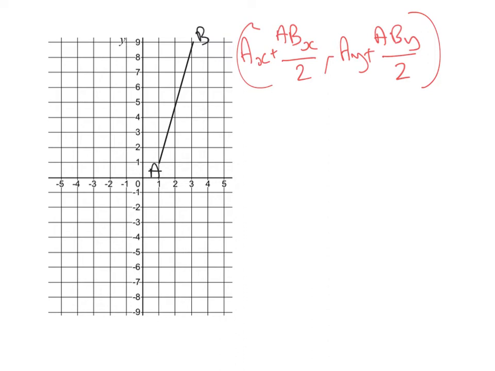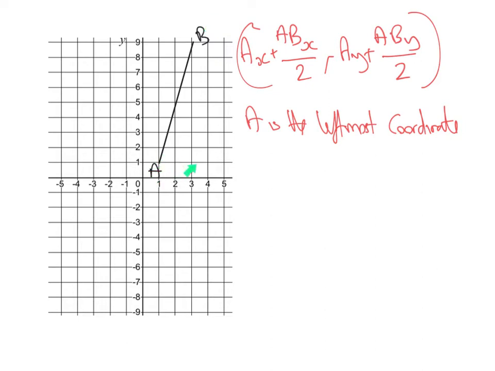Now, it's a bit horrible, but we can simplify it, okay? What this relies on first is that A is the leftmost coordinate, if you can have a leftmost coordinate. If they're vertically stacked, on top of each other, it doesn't matter which one. The reason A has to be the leftmost coordinate is that, as you can see, from A you're going to add to get to the midpoint, because the line's going that way.